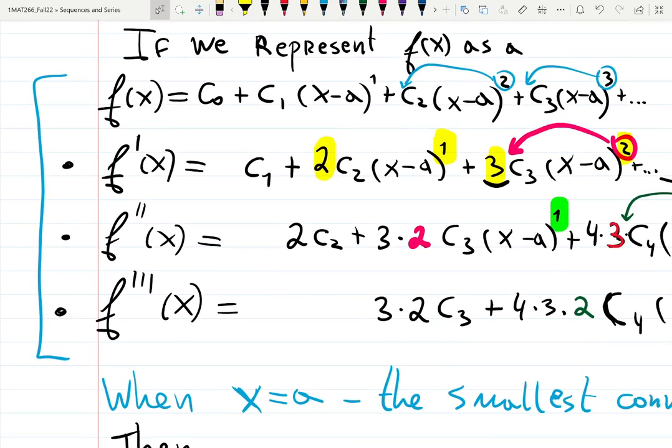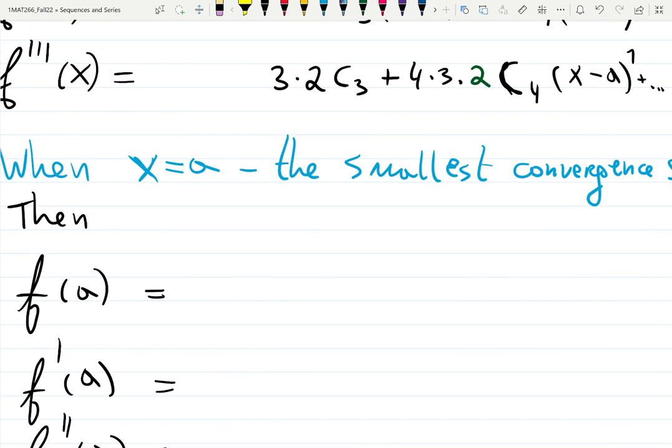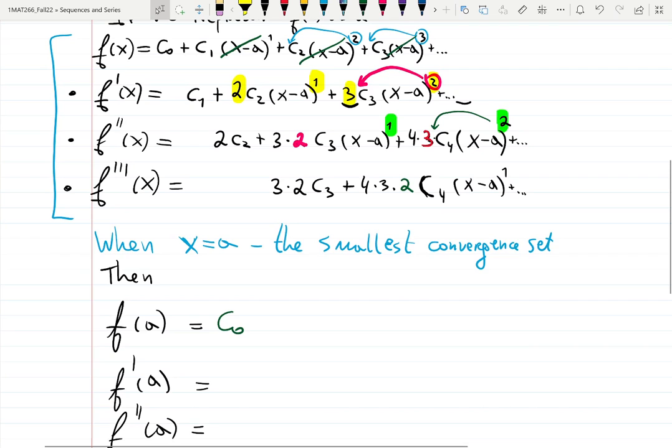Check it out. If I plug a into f of x, what do you think will stay? Just c sub 0. If you plug in a, this is 0, this is 0, this is 0. Everything is 0 except c sub 0. So basically the isolated coefficient stays. That's why a power series converges at the center. If you plug in the center, at least the coefficient stays, so it converges to that coefficient. How about f prime of a?